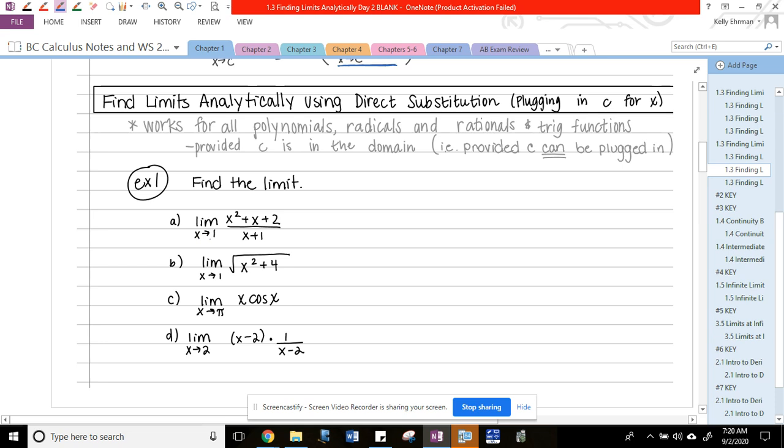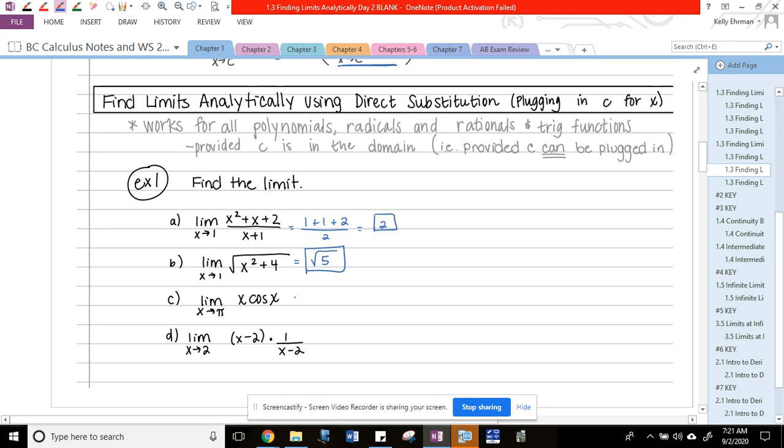So the limit as x approaches 1 of this function, let's just do direct substitution. 1 squared plus 1 plus 2 over 1 plus 1. So that's 4 divided by 2, which is 2. Direct substitution works. Here, if I plug in 1, I get square root of 1 plus 4, which is 5. That's a number. It's fine.